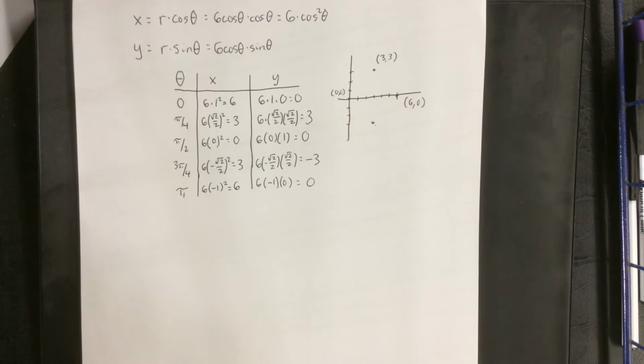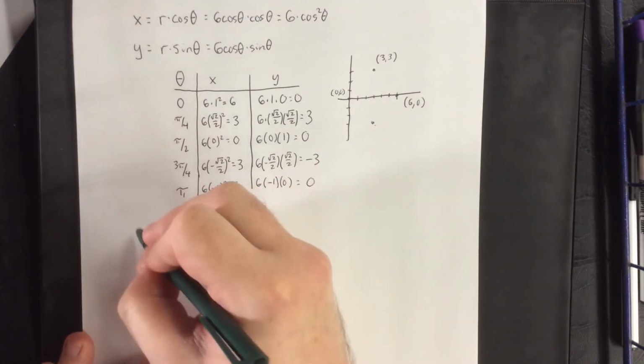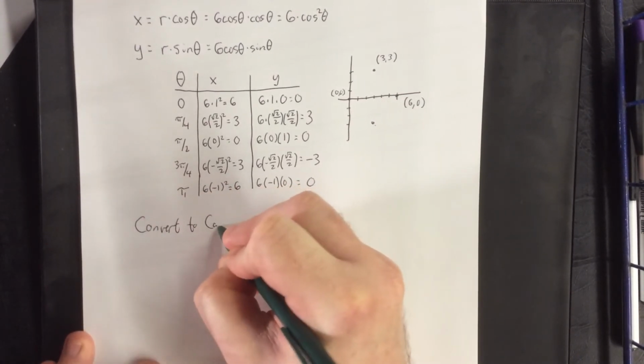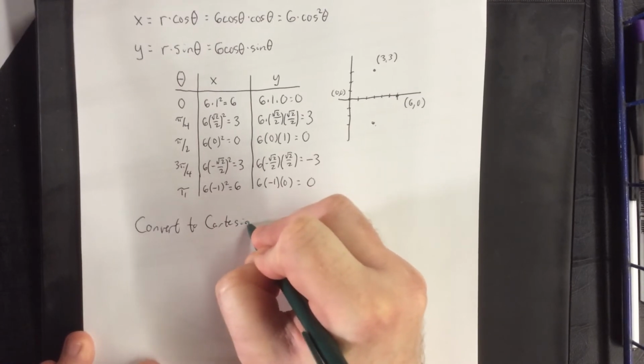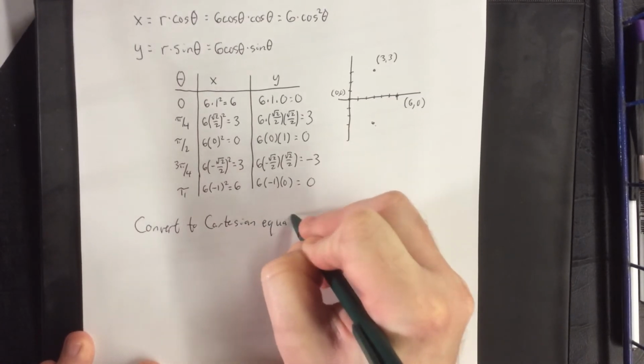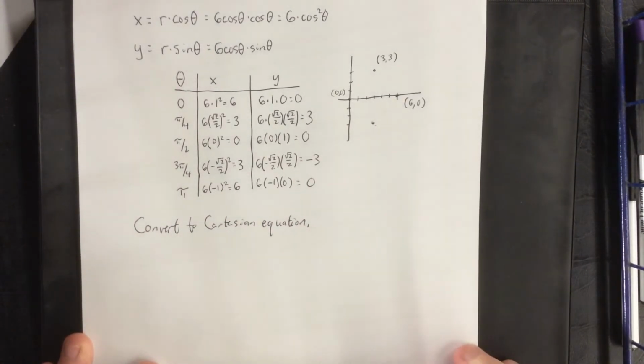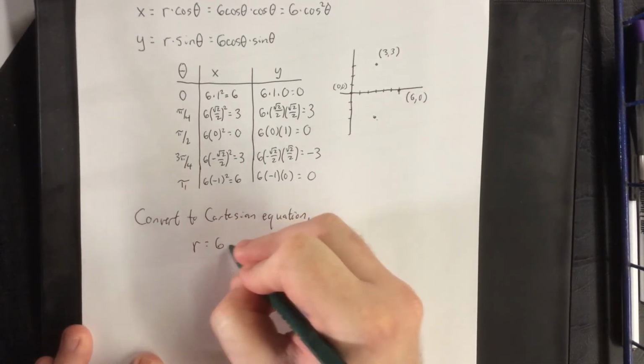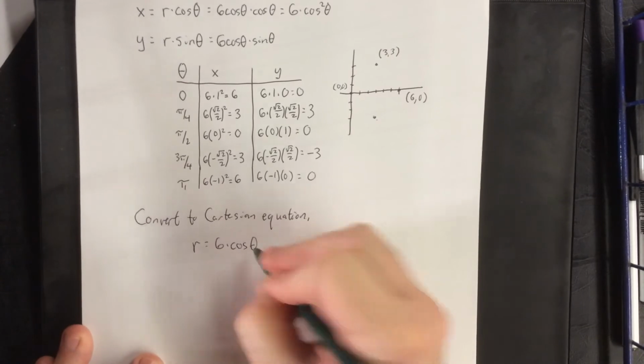If we wanted to figure out better what this thing looks like, the alternative would be to convert to a Cartesian equation. So as a Cartesian equation, we would have r is equal to 6 times the cosine of theta.